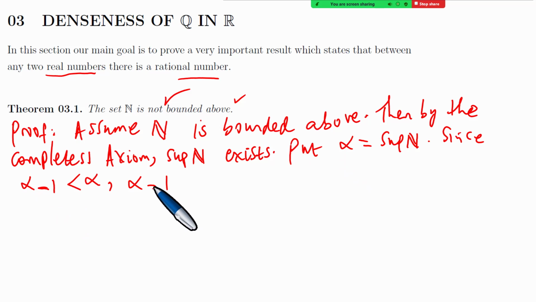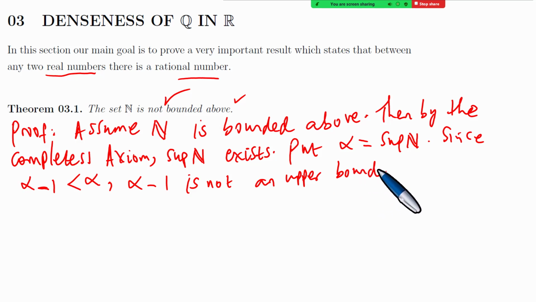Alpha minus 1 is not an upper bound for N. Okay, we continue, we shall elaborate on that.